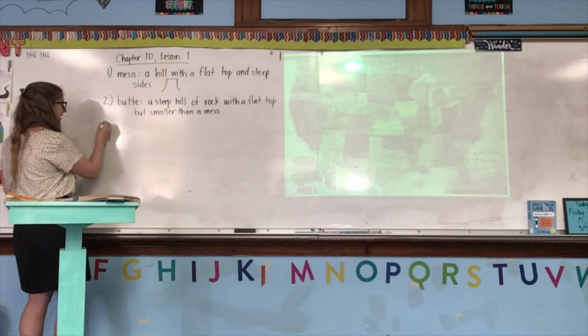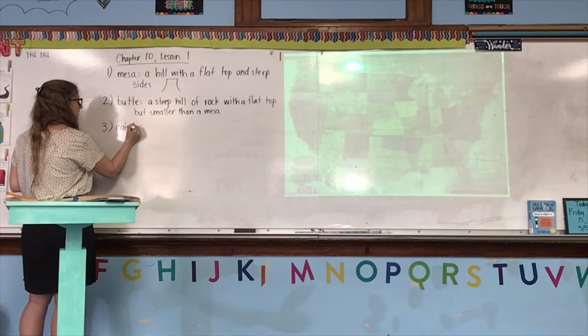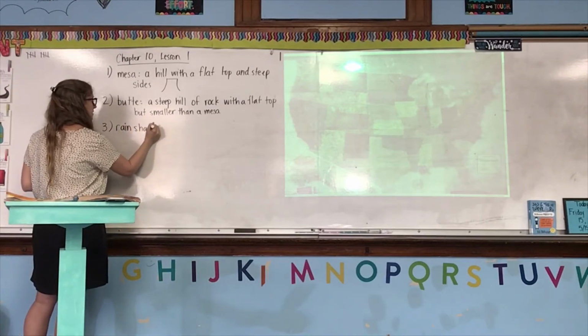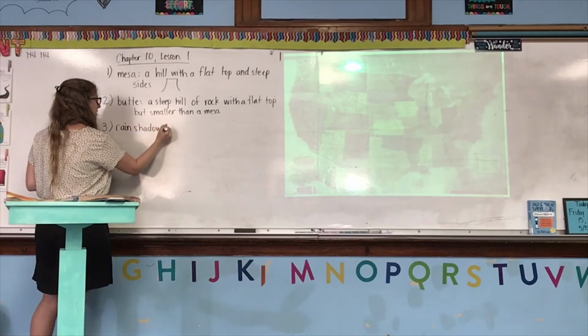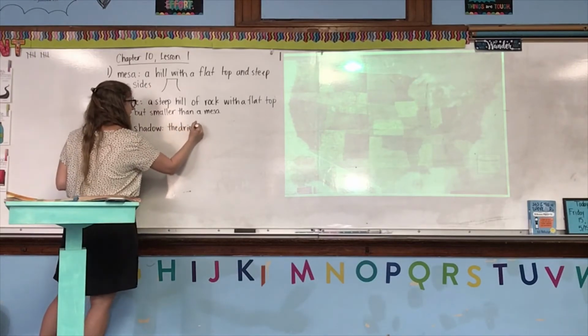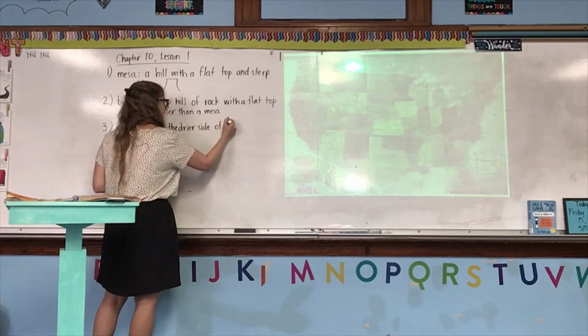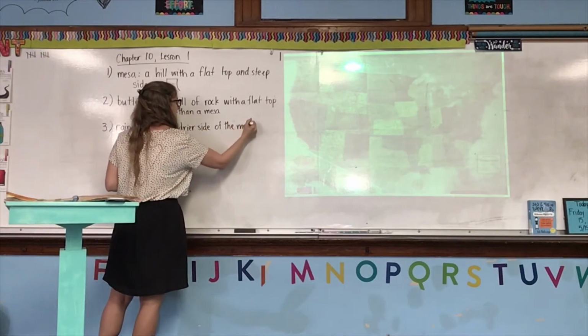So, number 3 is rain shadow, which is the drier side of the mountains.